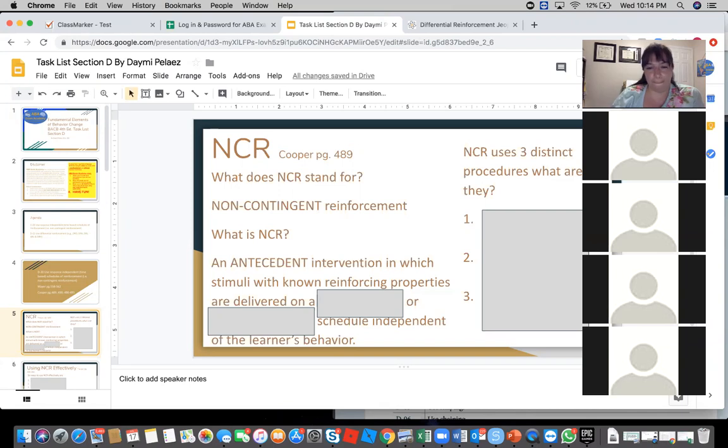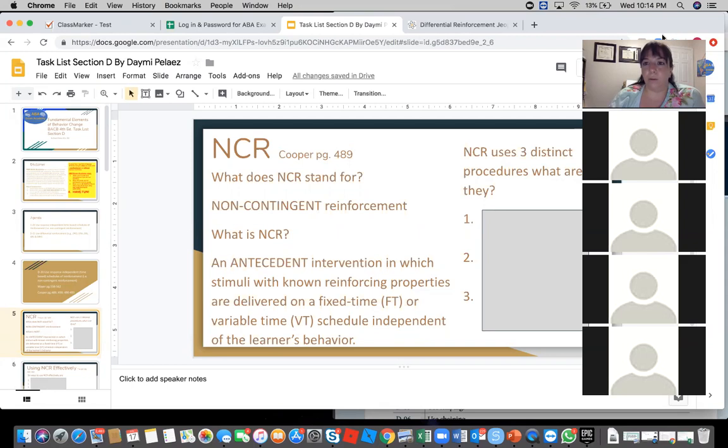What is it? Time. Fixed interval? Fixed interval, and what else? Fixed. It's a fixed time. Okay, so it's fixed time or variable time schedule, independent of the learner's behavior. So like you said, it's separate.